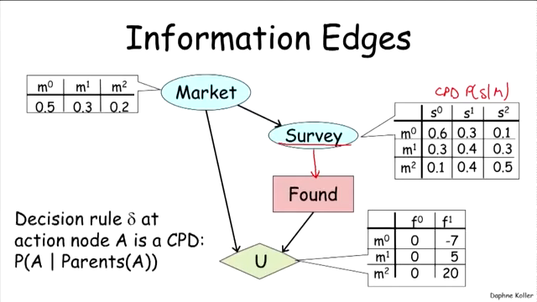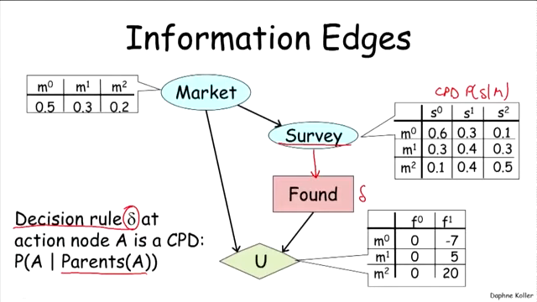So from a formal perspective, that means that what the agent's allowed to do is to choose a decision rule, which we're going to denote delta, at the action node. What a decision rule is, effectively, is a CPD. It tells the agent, given an assignment of the values to the parents of A, which are the variables that the agent can observe prior to making a decision, the agent, based on that, can decide on the probability distribution of the action that it takes in that particular situation.